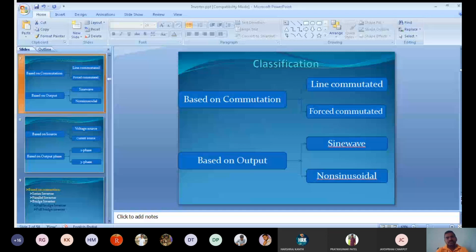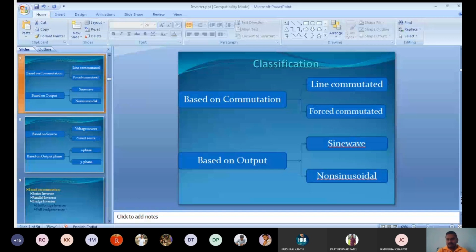In power electronics, the meaning of commutation is to make the power semiconducting devices off. The process of making power semiconducting devices off is known as commutation.